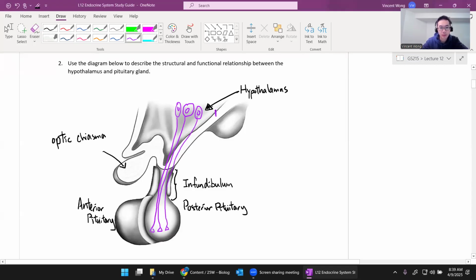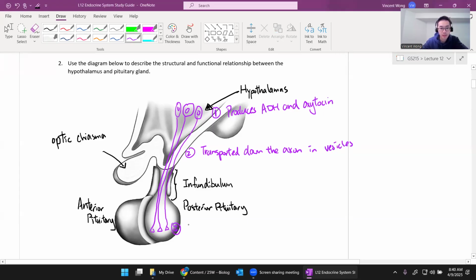So I can put number 1 here. Produces antidiuretic hormone and the one that helps give birth and feed the baby. If you're thinking oxytocin, that would be correct. As number 2, transport it down the axon in vesicles.